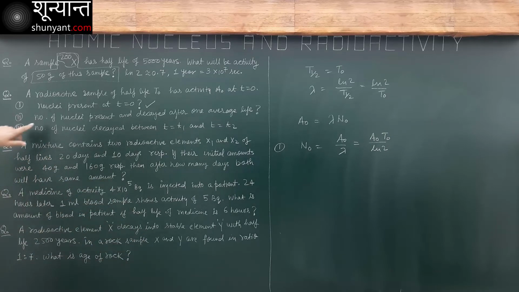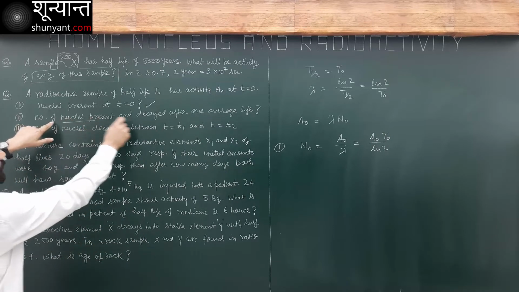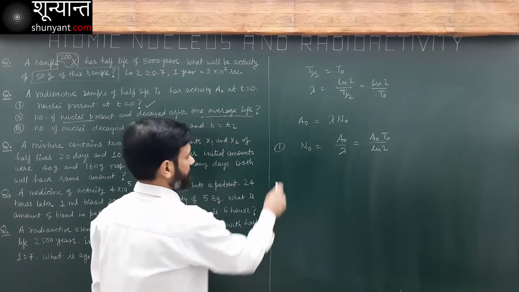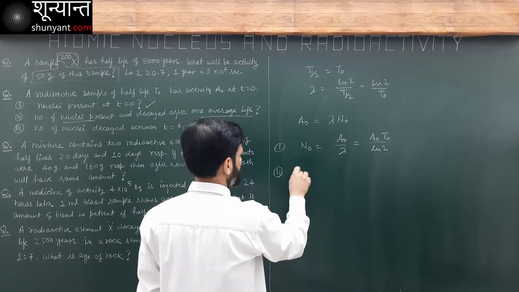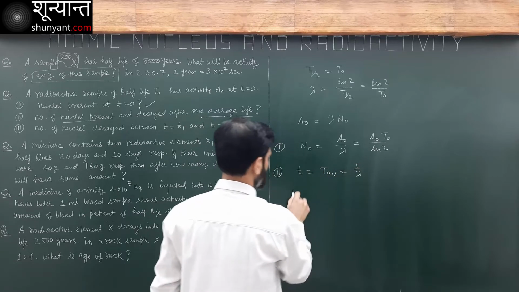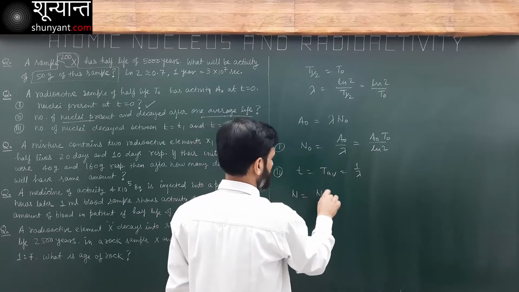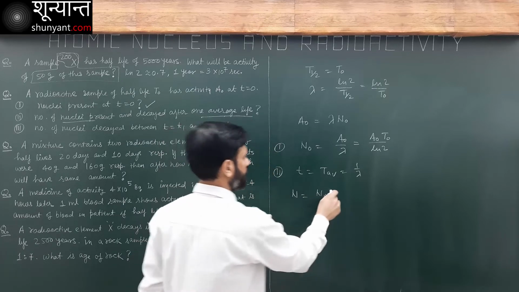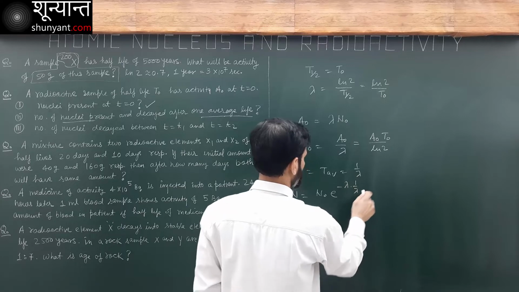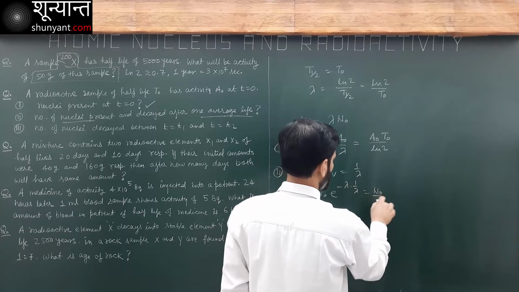Number of nuclei present and decayed after one average life. T is equal to t average, which becomes 1 over lambda. So N will be equal to N naught e power minus lambda times 1 over lambda. This becomes N naught over e.